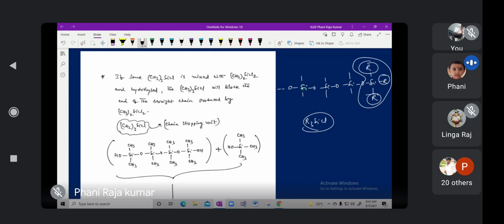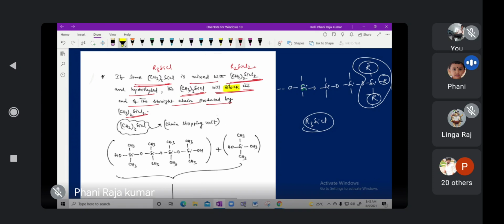That point I mentioned here. If R3SiCl, with CH3 taken thrice, is mixed with R2SiCl2 and hydrolyzed, the R3SiCl will block the end of the straight chain produced by R2SiCl2.